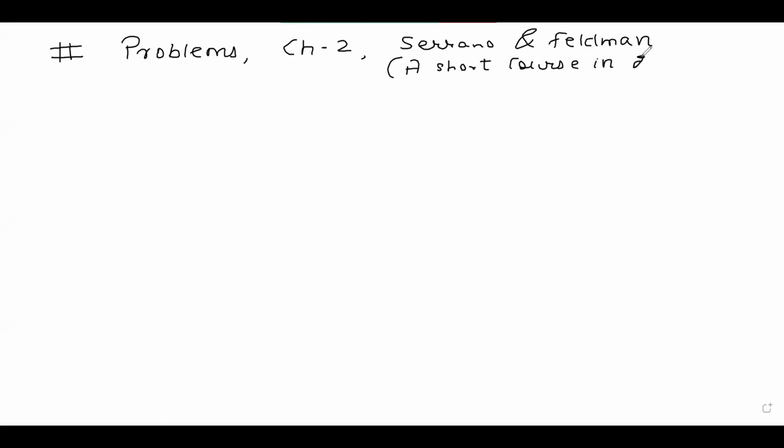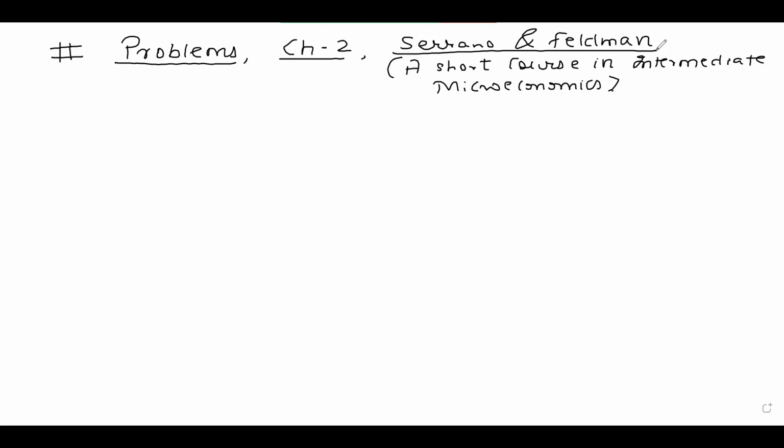I'm going to focus on the numerical problems. Chapter 2 is all to do with preferences and utility. So if you have this book, let's quickly look at some of the numerical problems from chapter 2. Okay, so let's look at the first problem.